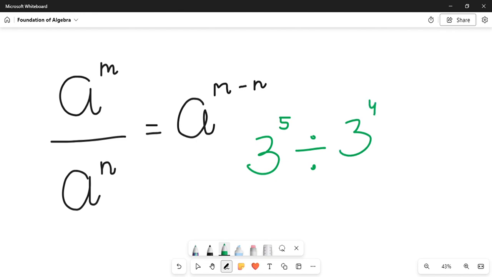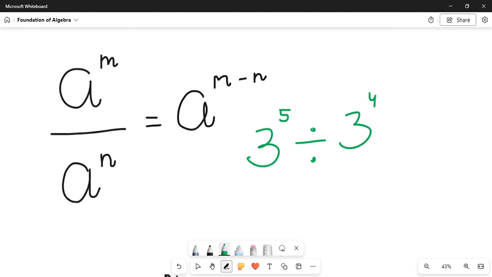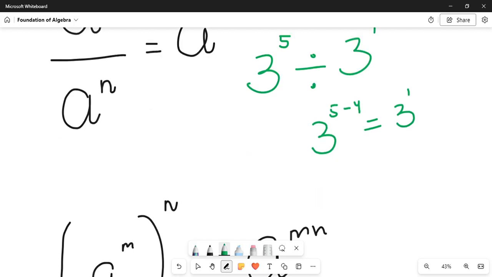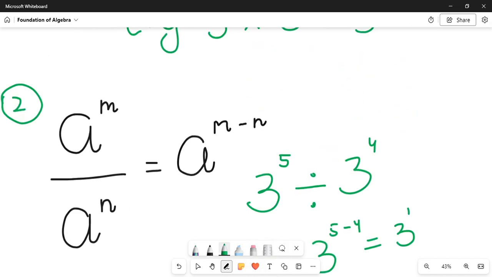Now because these are being divided, the powers will be subtracted and the bases are the same. So 5 minus 4, which equals 3 to the power of 1, or just 3. So this is the second law of indices.